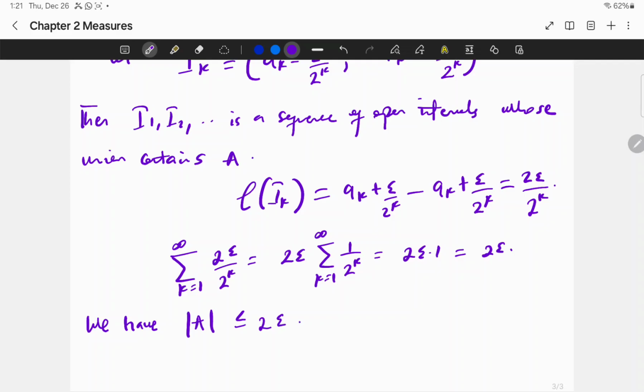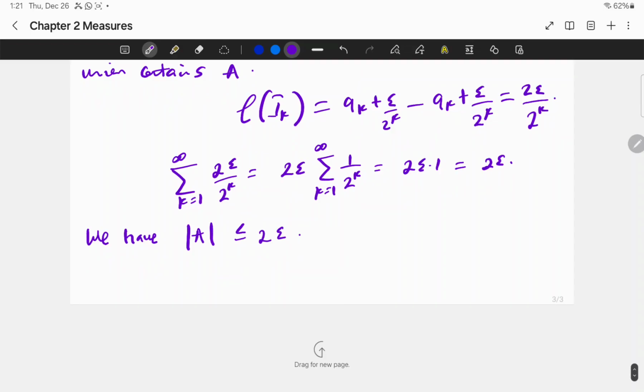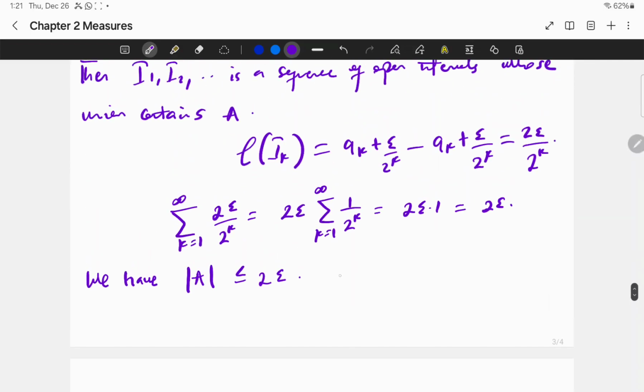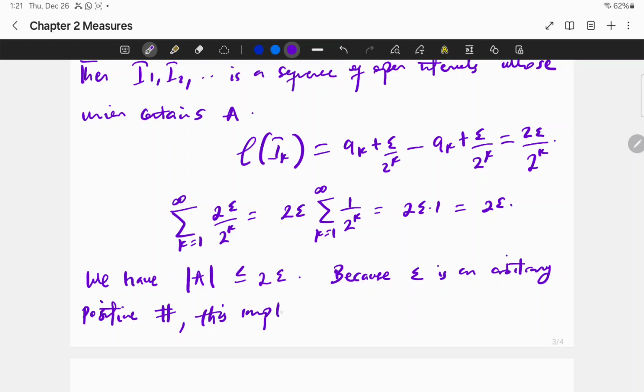Because epsilon is an arbitrary positive number, this implies that the outer measure of A equals 0.